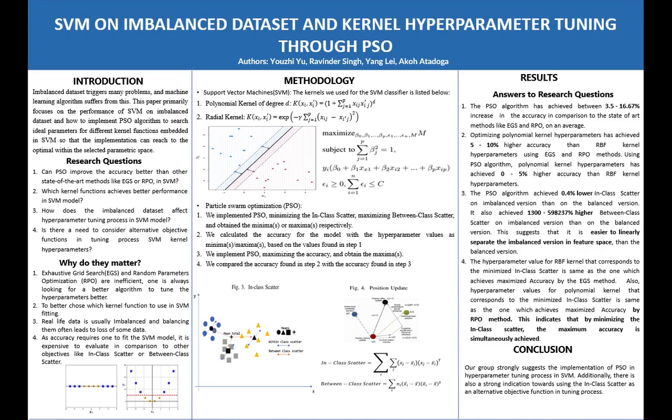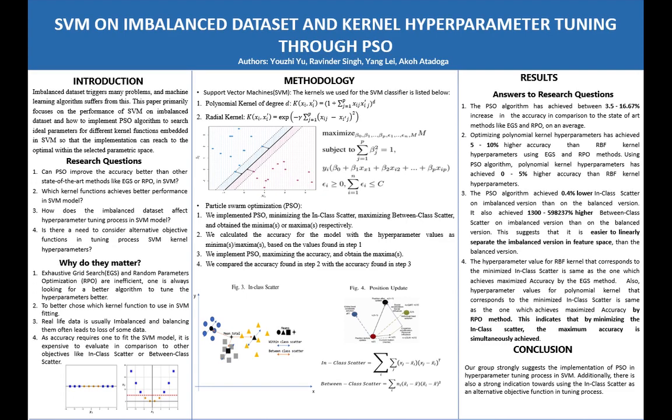From the experiment performed in this research by me and my teammates, we noticed that the hyperparameter value for the RBF kernel that corresponds to the minimized in-class scatter objective function is the same as the one that achieves maximum accuracy by the exhaustive grid search method.